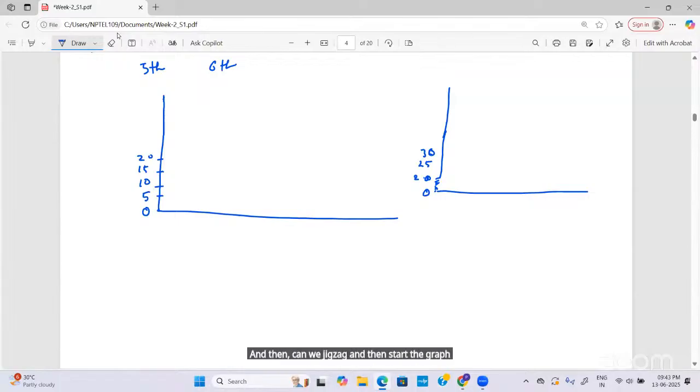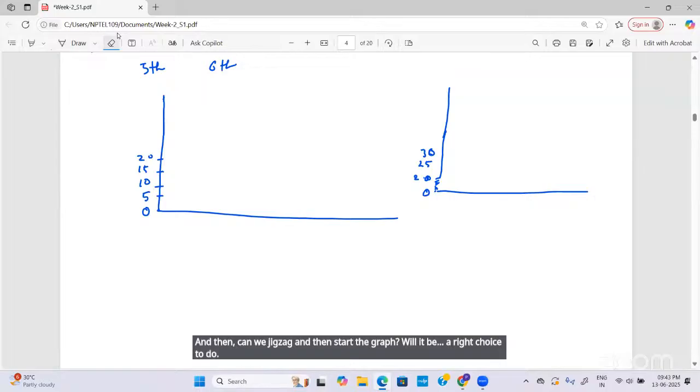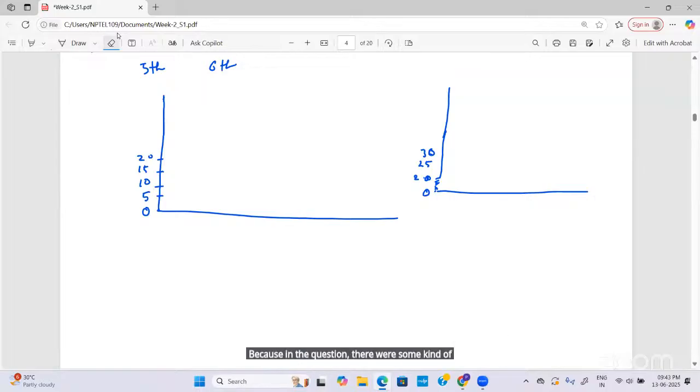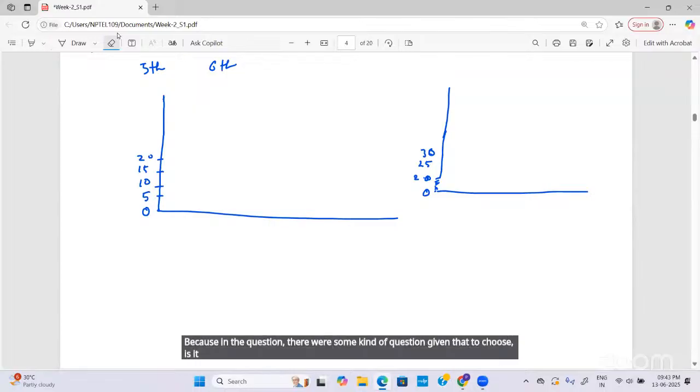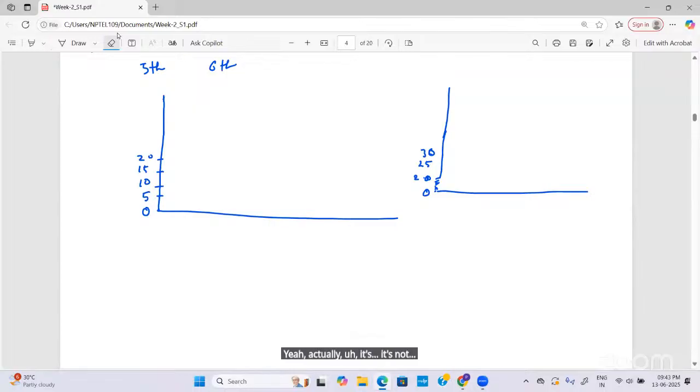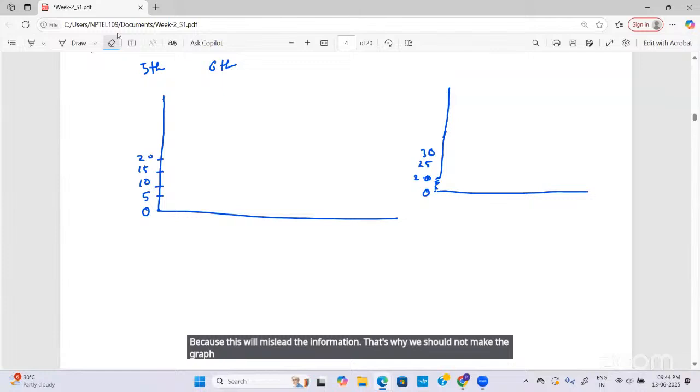In the question we had to choose whether it is correct or not. It's not correct actually, because this will mislead the information. That's why we should not make the graph in that way.